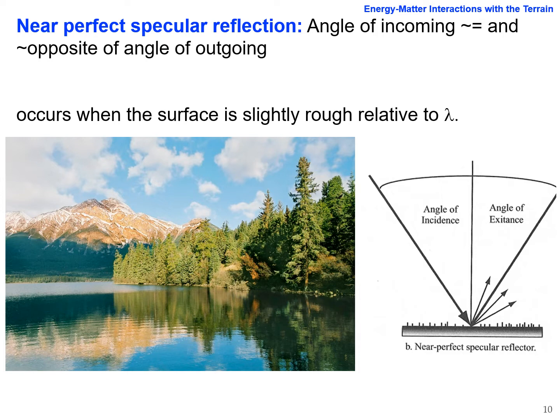So again, very smooth surfaces, in this point, maybe small rocks, sand that's a little coarser. You can see on the right, you have the angle of incidence and then variable angle of excidence, or angle of outgoing radiation. And the angle of excidence is all sort of clustered around the angle that you would get with a specular reflection.